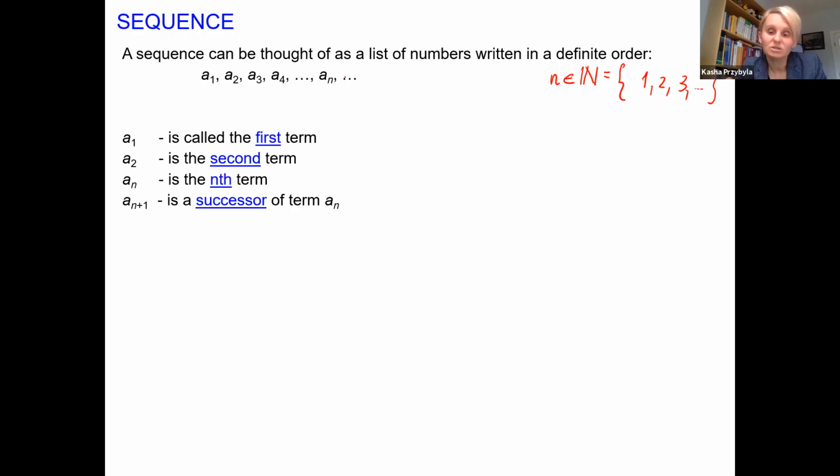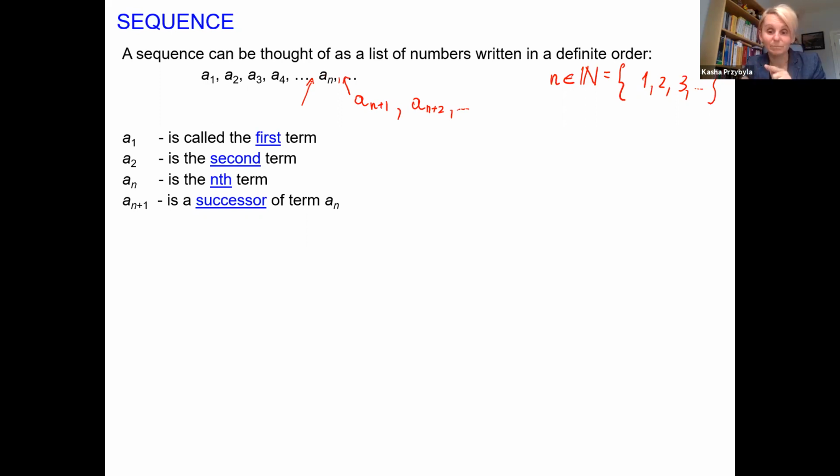It's also important to know how to define the next term, the successor of a sub n. If this is a sub n, the next term will be a sub n plus 1, and then we can keep going with a sub n plus 2 and so on. Can you tell me how I can define in general the term one before a sub n?